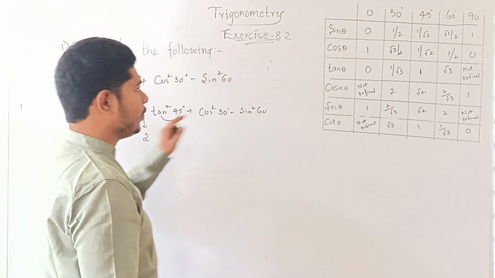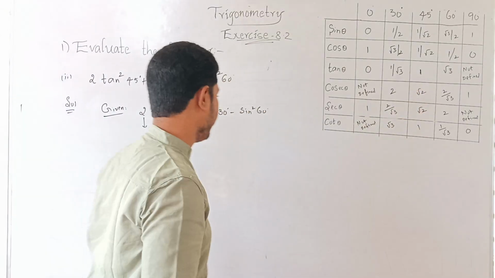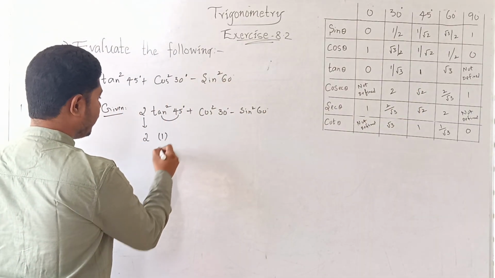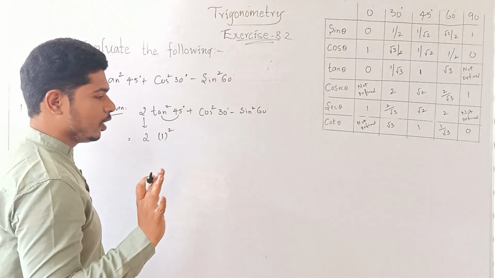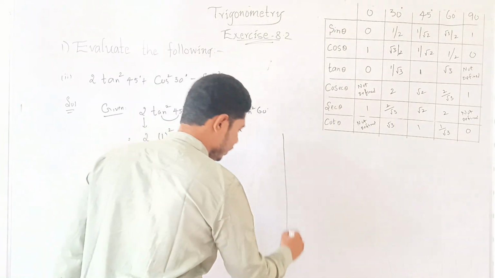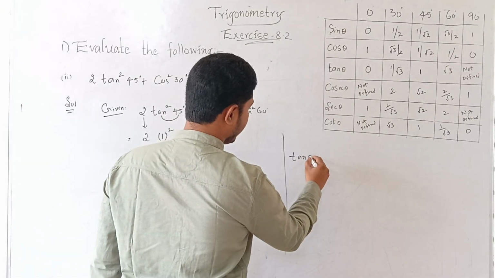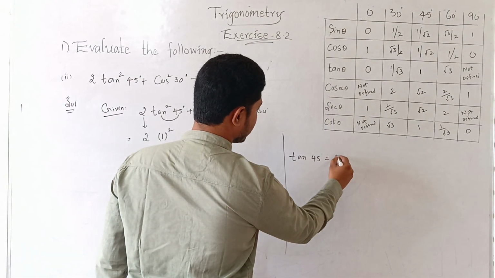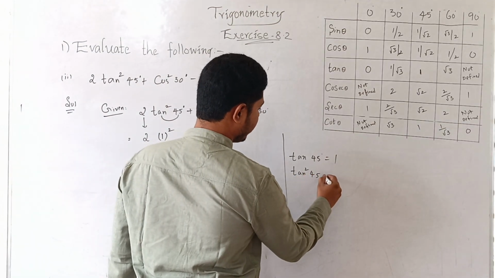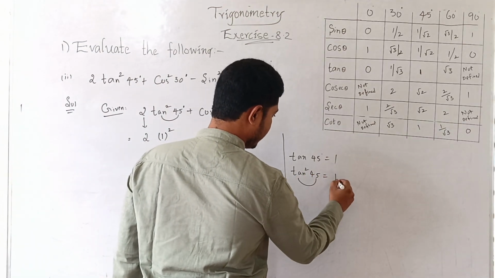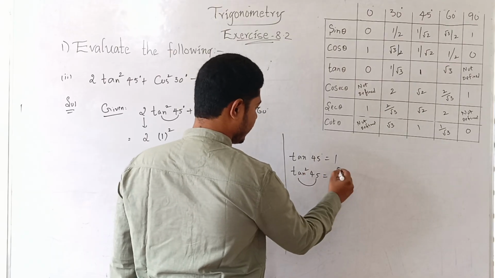The value of tan 45 is 1. We are writing that 1, and we are mentioning the square simply here. That's all, simple. Tan square 45, we will mention what is tan 45? 1.